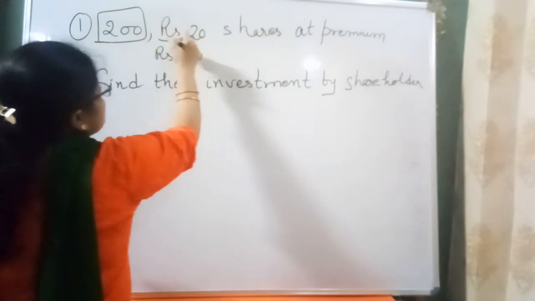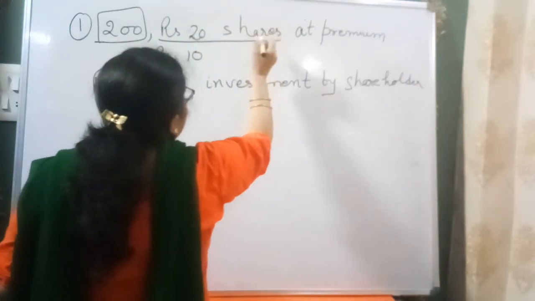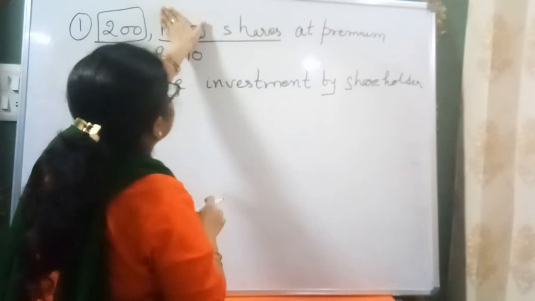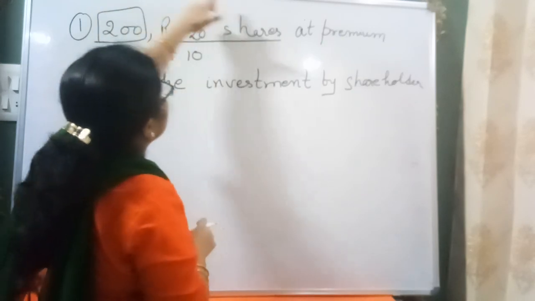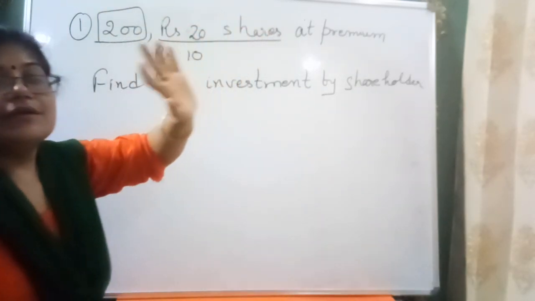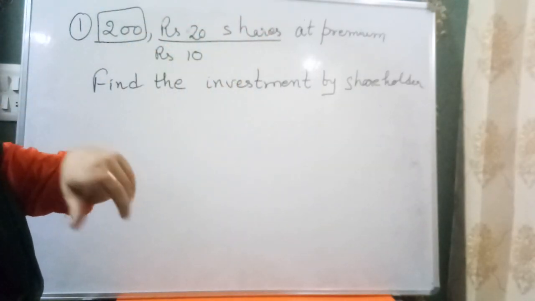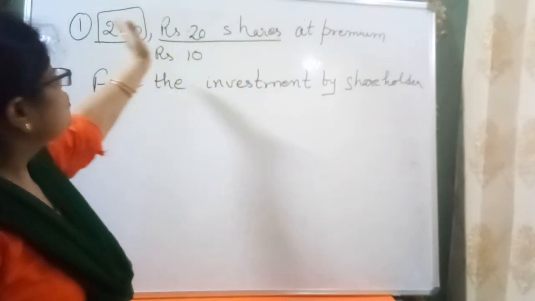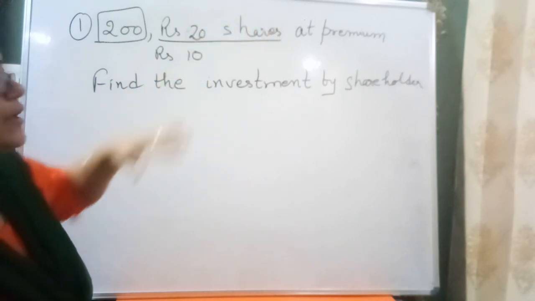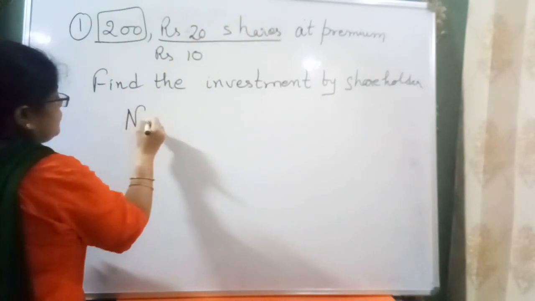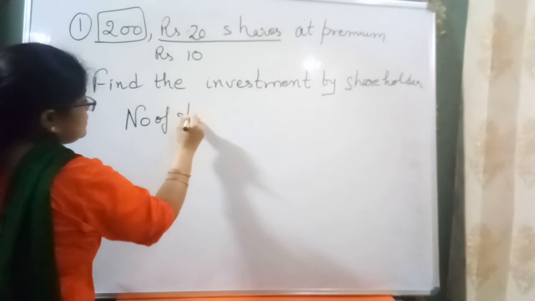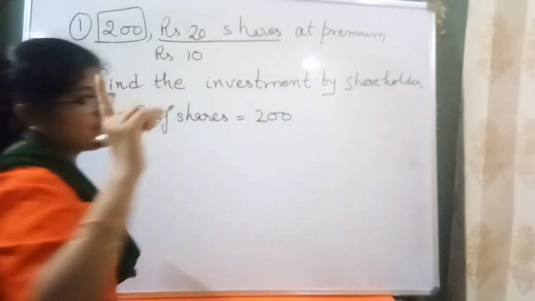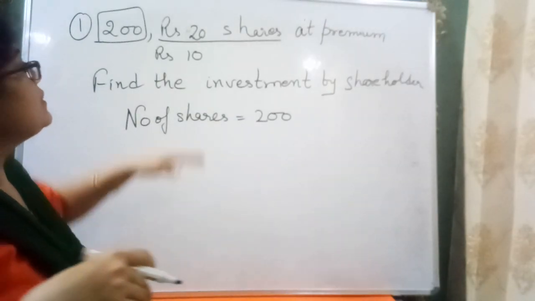Rupees 20 shares means 200 shares, that means the shareholder is buying or selling 200 shares. That means the number of shares is 200. First analysis.